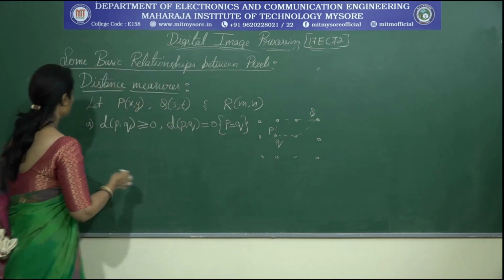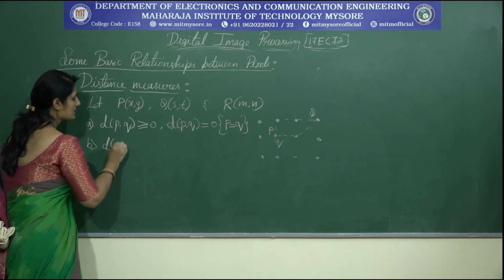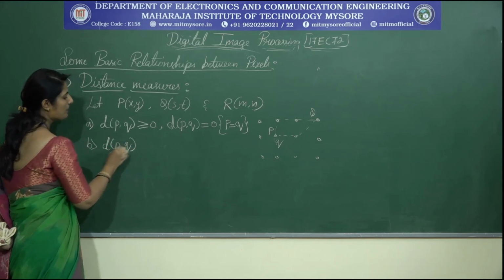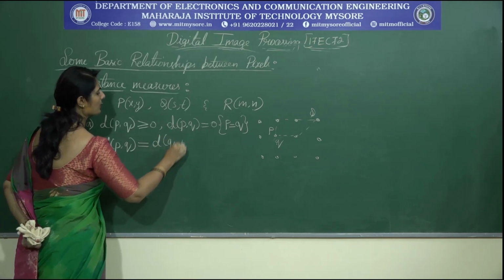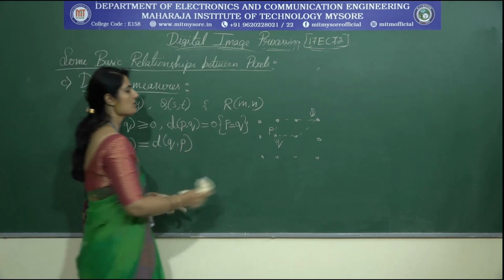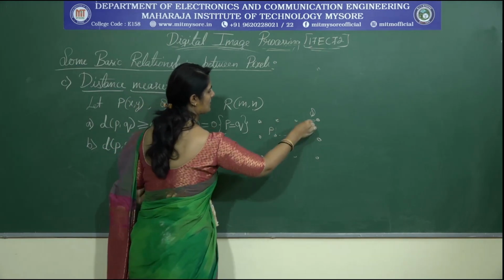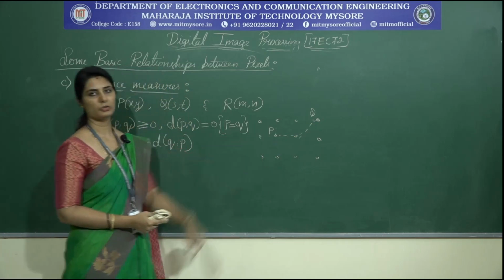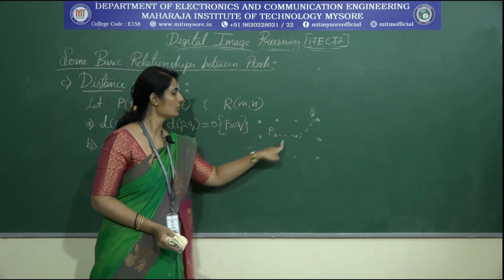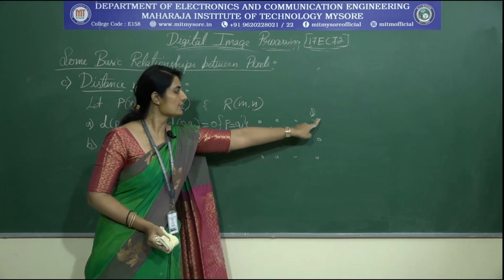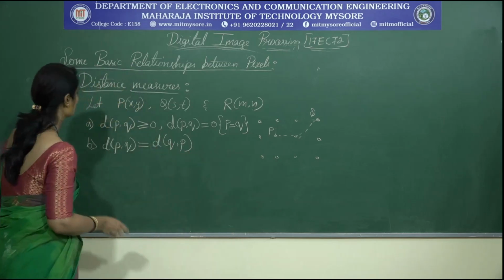Next, the distance from P to Q is the same as the distance from Q to P. If I consider this is the shortest distance between P and Q, and the distance between P and Q is 2, then the distance from Q to P must also be 2.